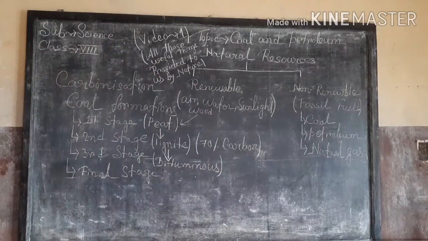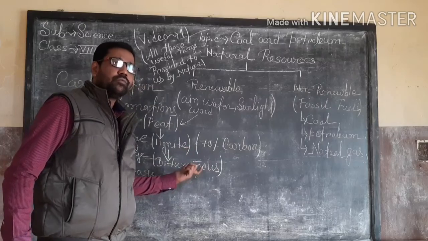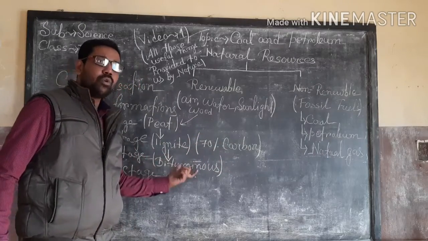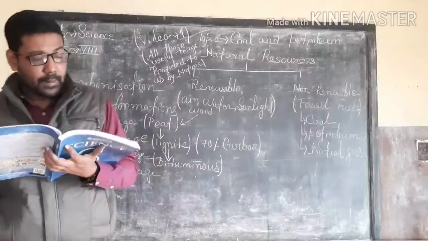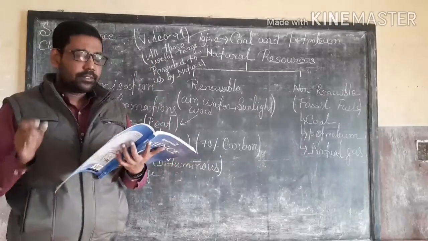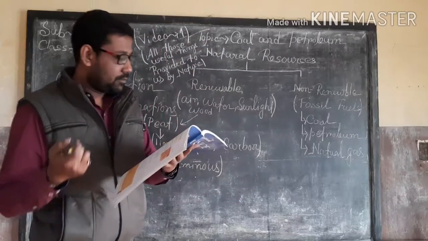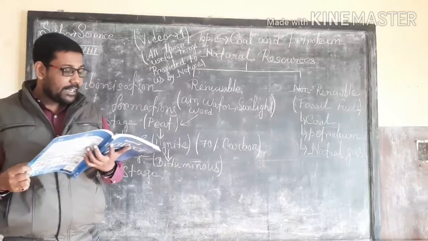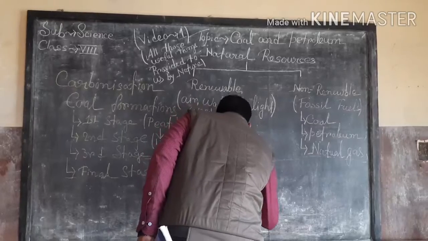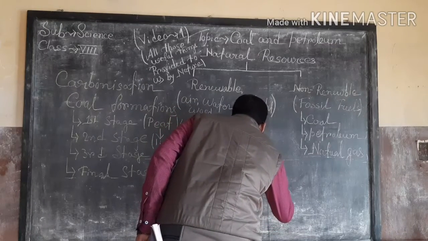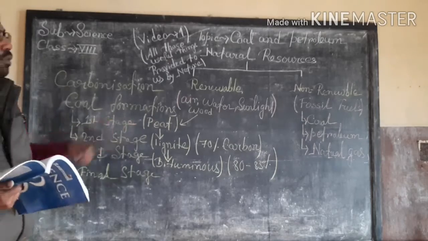It is coal that is dense, dark and brittle with almost no moisture and impurities, and the carbon contained in this type of coal is nearly 80 to 85%. So bituminous coal contains 80 to 85% carbon, and the color of this coal is black.